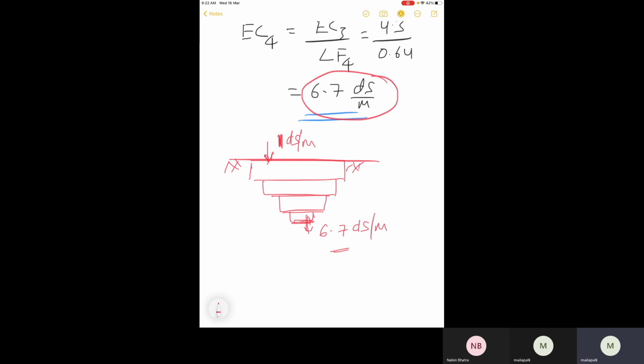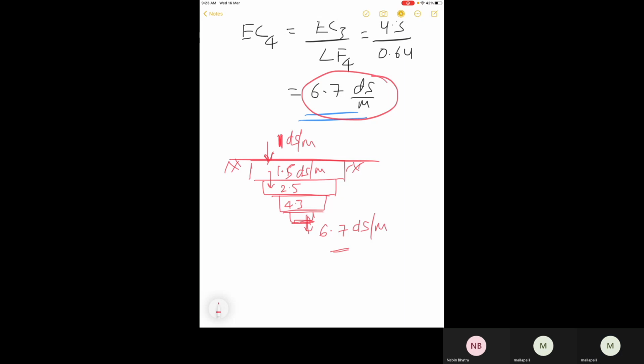Now from one layer to the second layer, what we observe is this will be 1.5 deci per meter, and the second layer you get 2.5 deci per meter, and the third layer 4.3, and the last layer 6.7.